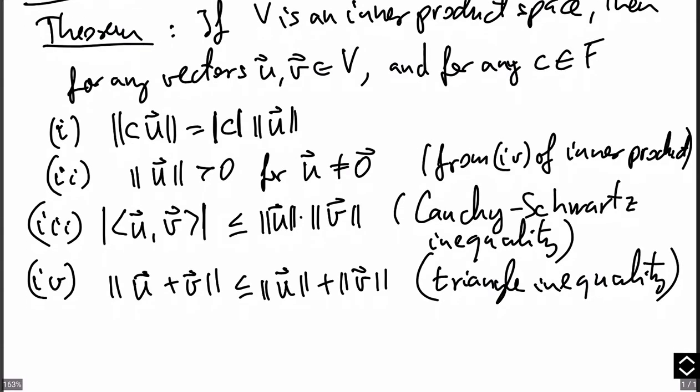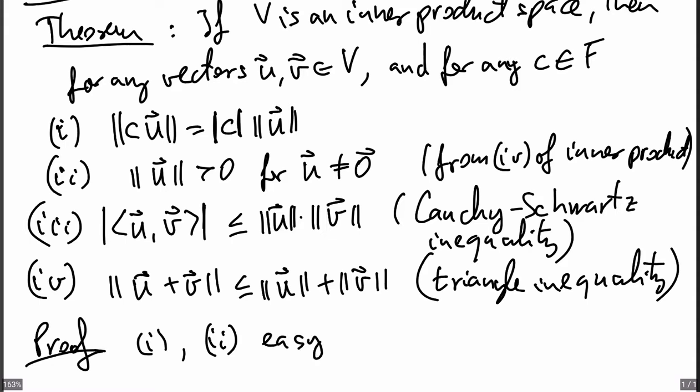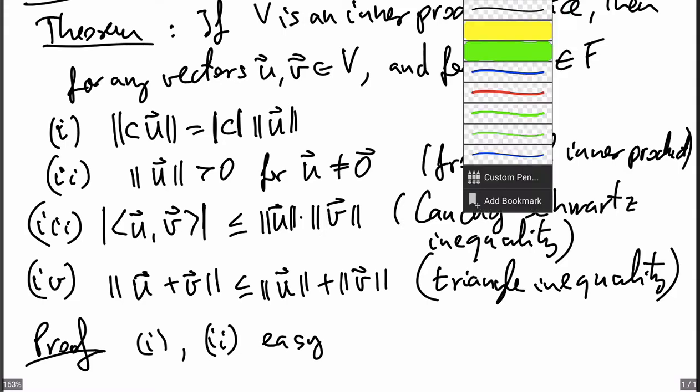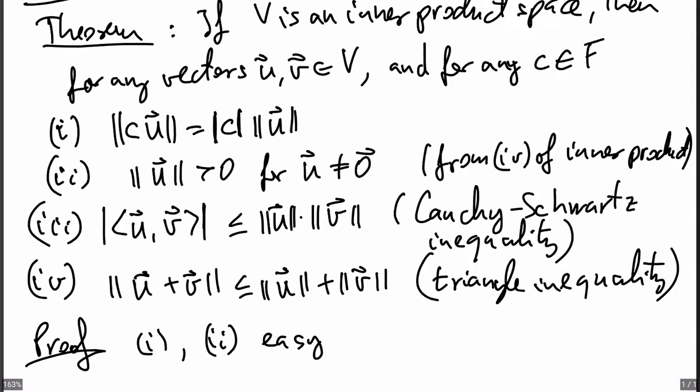So the first two properties are supposed to be trivial. I already mentioned that the second one comes from the inner product if you look up the definition. I'm not going to prove that part. You can check how exactly it looks.